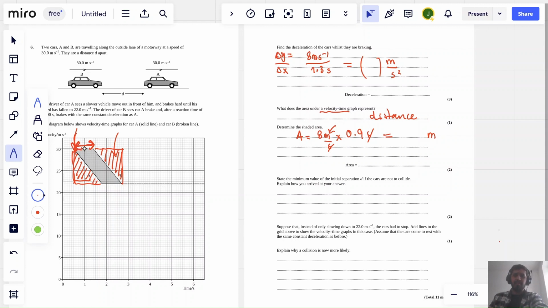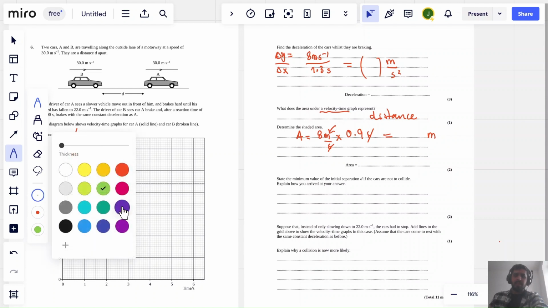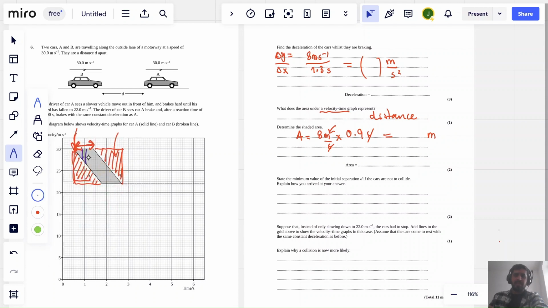Car B took some time to apply brakes, and in that time it covered some extra distance, right? So this shaded area represents the extra distance that car B has traveled before applying brakes.